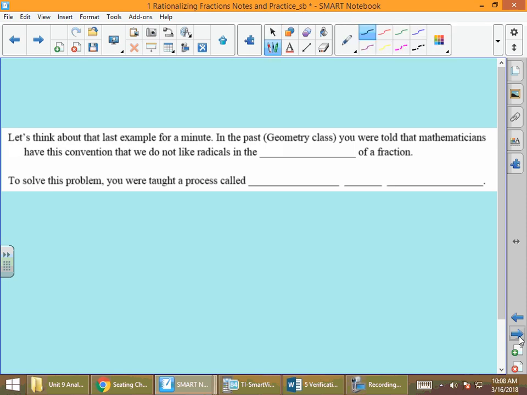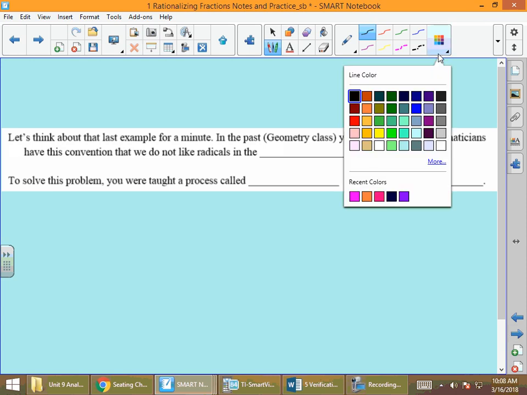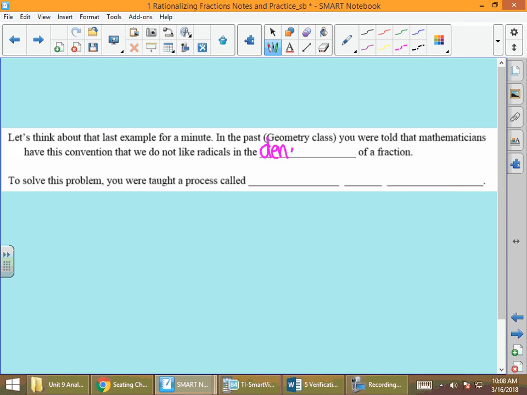In the past, especially geometry class, you were told that mathematicians have this convention that we don't like radicals in the denominator. And that's the bottom of the fraction. And because of that, mathematicians came up with a way to not have a radical in the denominator.